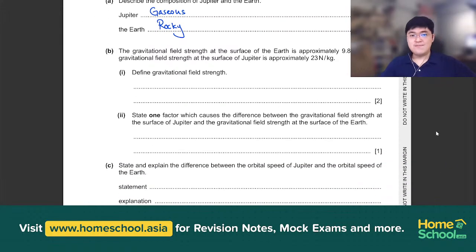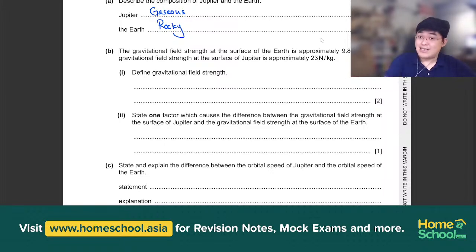In part B, the gravitational field strength at the surface of the Earth is approximately 9.8 newtons per kilogram. And the gravitational field strength at the surface of Jupiter is approximately 23 newtons per kilogram. So define gravitational field strength. I'm very sure you guys have not learned this before, but let's take a look at the units.